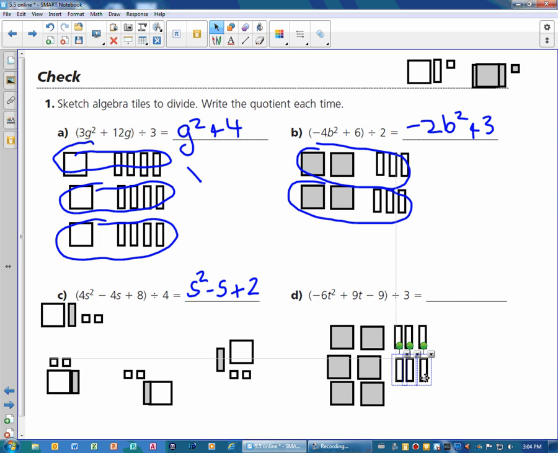Oh, this one's no fun to draw, isn't it? Okay, so there's my positive 9t, minus 9. 1, 2, 3.